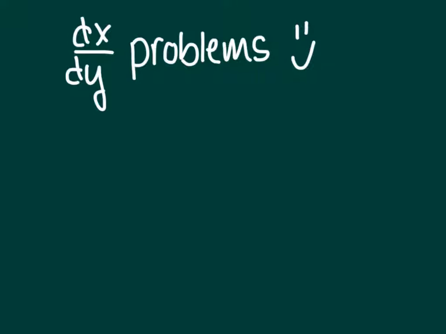dy by dx problems. I love these, just because I think they're a really nice extension to differentiation and everything that we've done so far. This is the sort of issue where we have a function that says x equals something in terms of y, and it would be an absolute nightmare to rearrange it so that it says y equals something in terms of x.